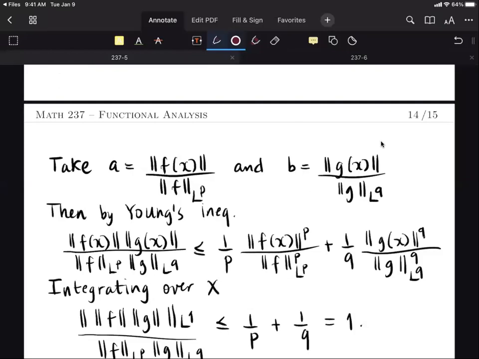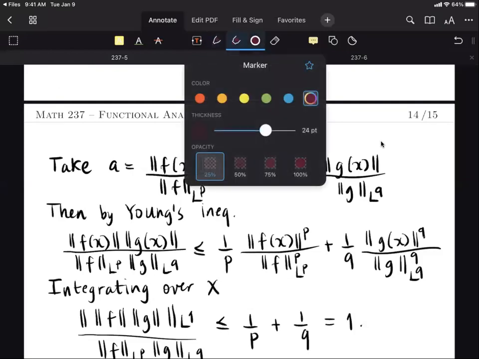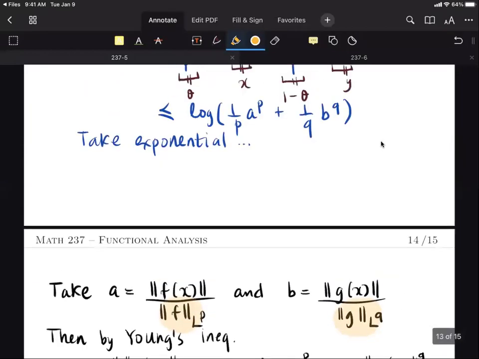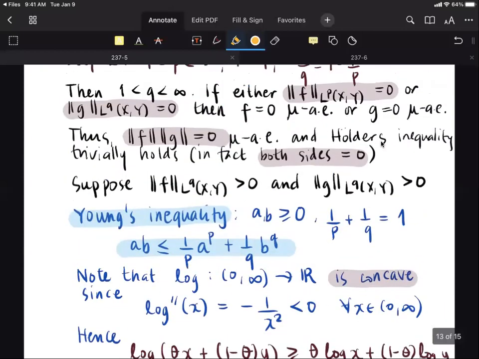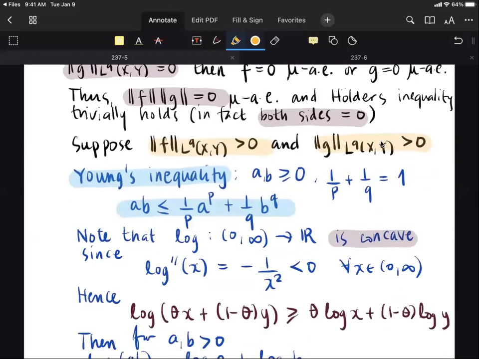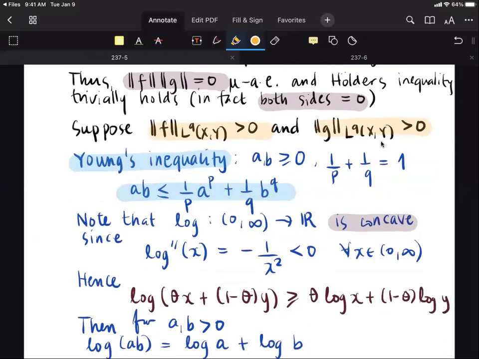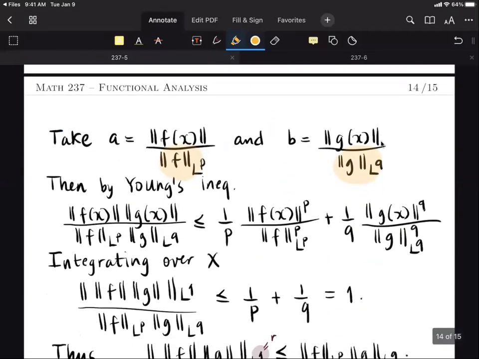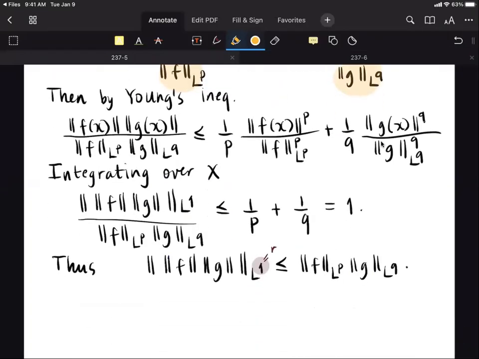I would like to emphasize here that these quantities are positive due to this assumption. So in order for A and B to be well defined, we need to assume that these norms are not equal to 0. So A and B are well defined.